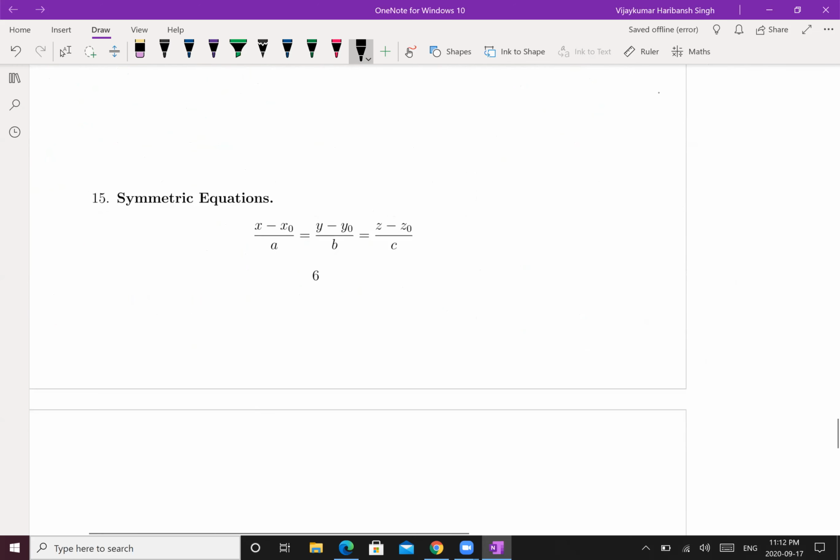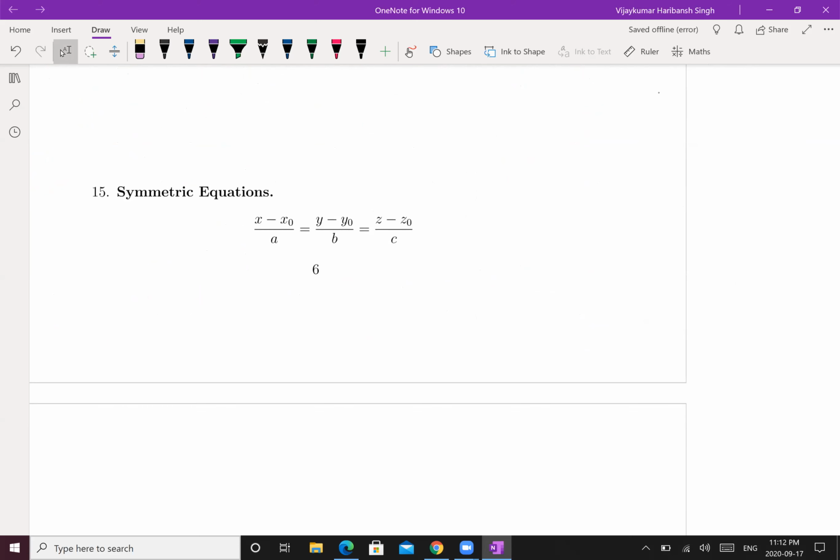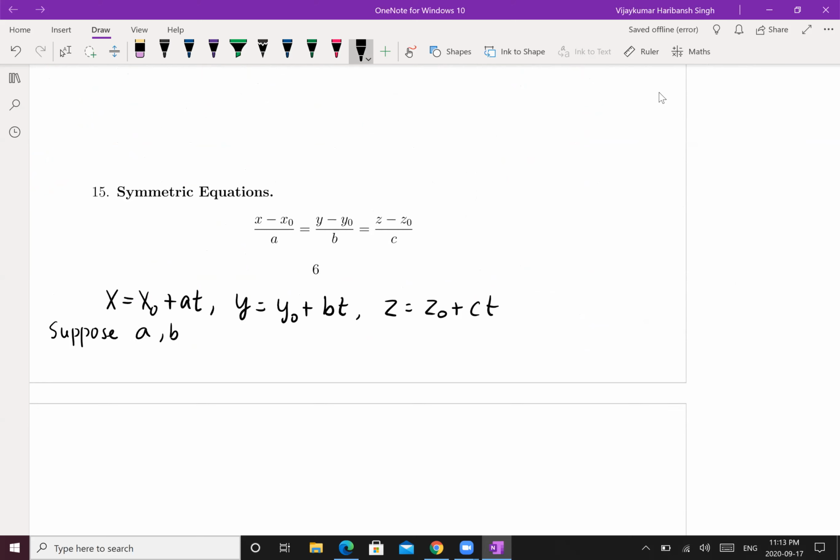So now the third equation for the line is called the symmetric equation. What do we have? We have x equals x0 plus at, keeping the usual terminology, y equals y0 plus bt, z equals z0 plus ct. This is what we found out there. Now suppose a, b, and c are all not zero.